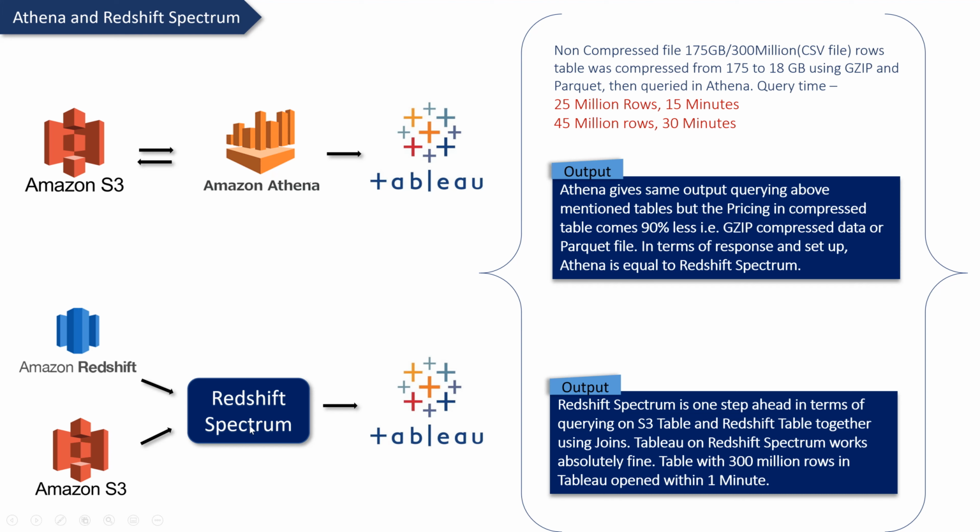But in Redshift Spectrum, you can connect either with S3 or with a Redshift table as well, and you can join them. Eventually you get your tables with just a one-time cost, and then you can have that table in Tableau.